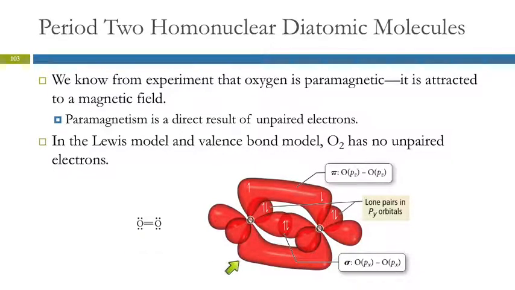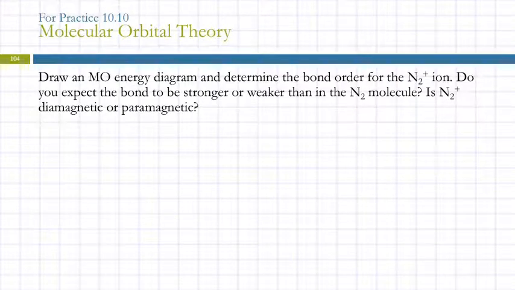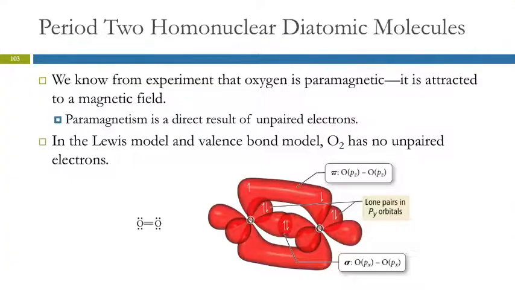When we look at the valence bond model, with this double bond, we have a sigma bond between the hybrid orbitals, and we have a pi bond up here, and then we've got orbitals with lone pairs. Everything's paired up. These models do not predict this observed behavior of oxygen being paramagnetic. Any questions about that?